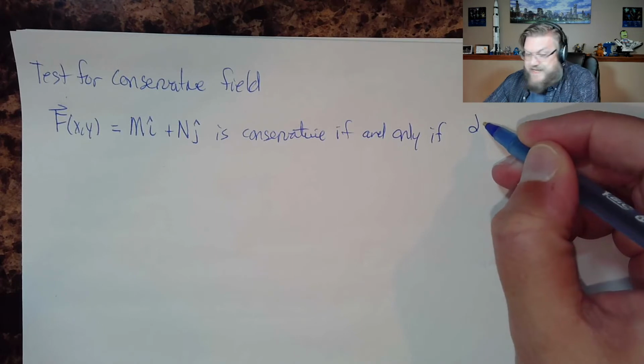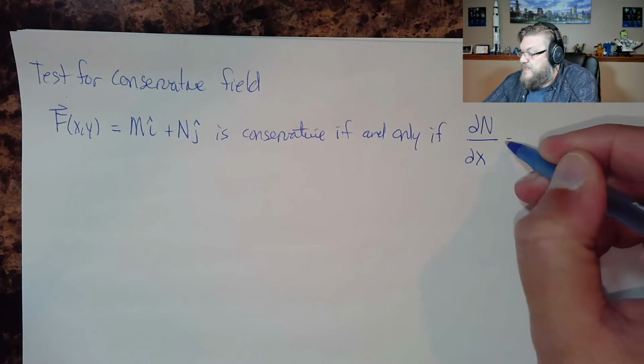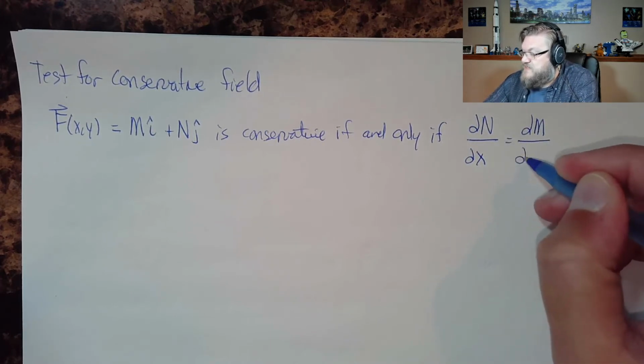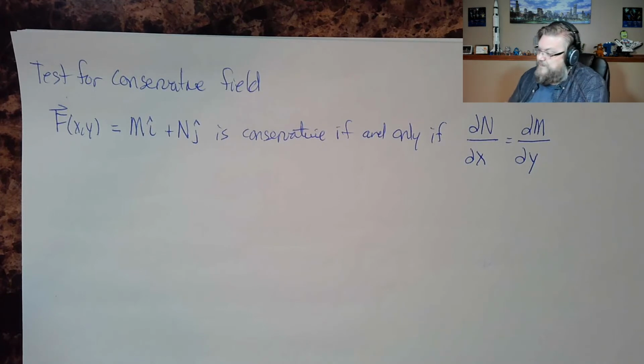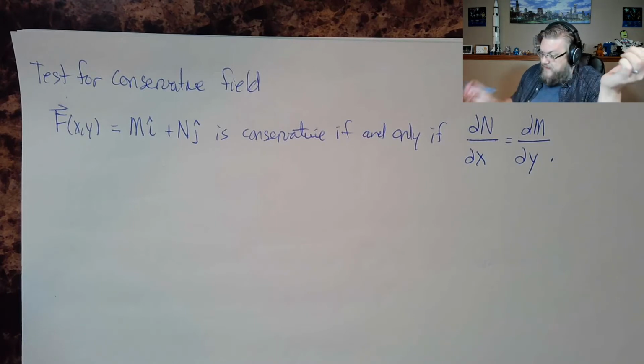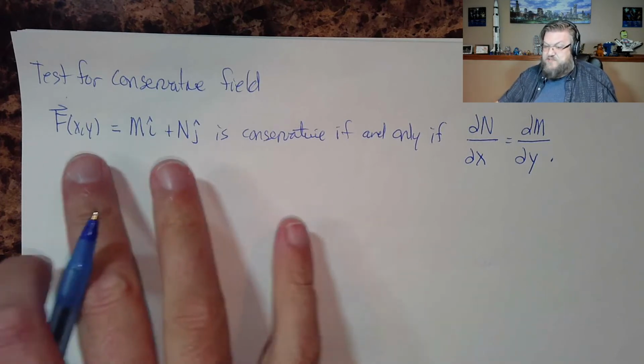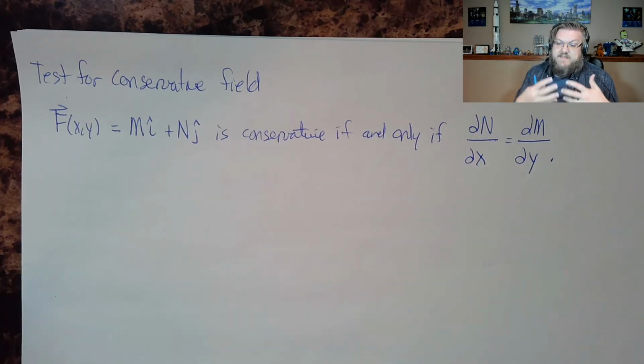And here's the little calculation you can do: the partial of N with respect to x equals the partial of M with respect to y. And that is a lot quicker to calculate. So if you only need to know whether the field is conservative or not, this will answer the question. It doesn't find little f, because by definition a conservative field means there exists a little f. It will at least guarantee one exists or doesn't.